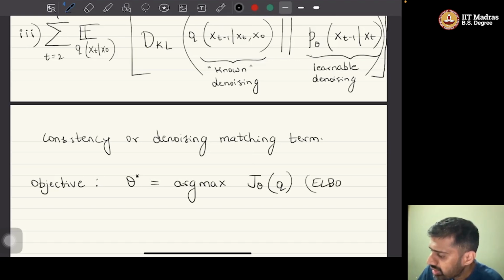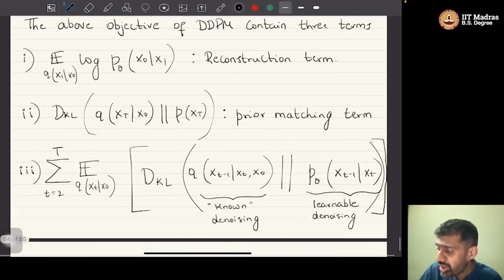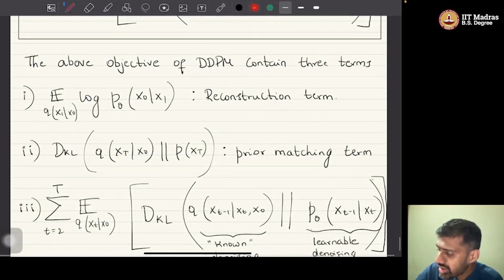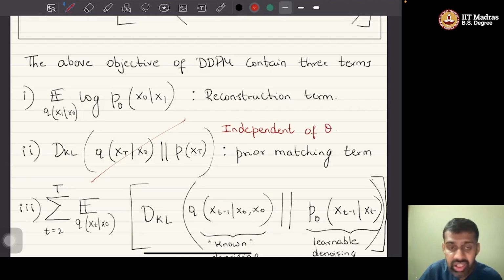So we need to take this expression that we have derived and try to find a theta that would maximize this. Now please note that the second term here, which is the prior matching term, can be completely ignored because it is independent of theta. No matter what model parameters you take, it is independent of theta, so it can be ignored.